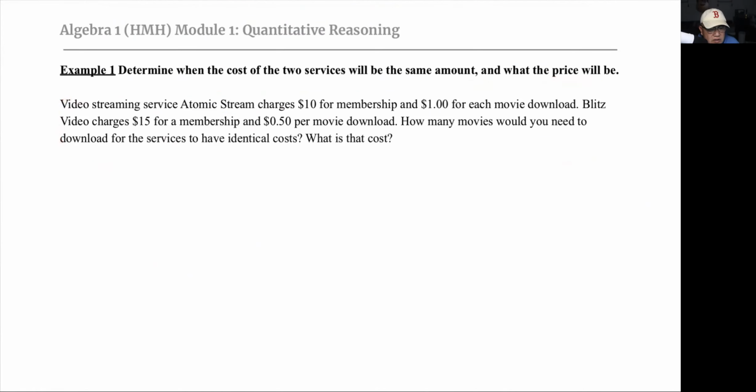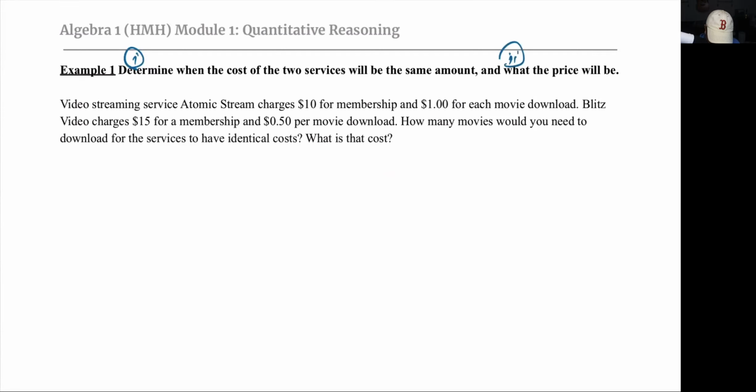But we have to read the question very carefully. It's the same direction, guys. We're going to determine the cost of 2 services first, step number 1, like we did earlier, and then determine what the price will be.